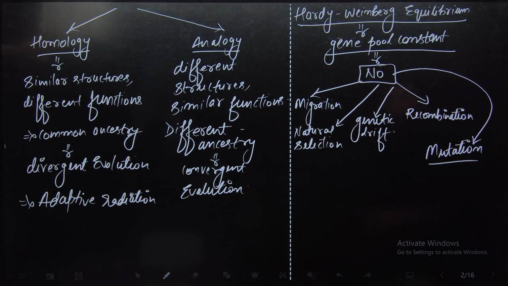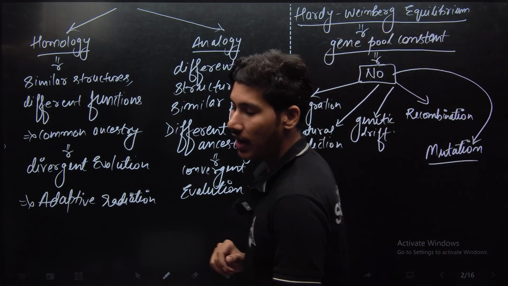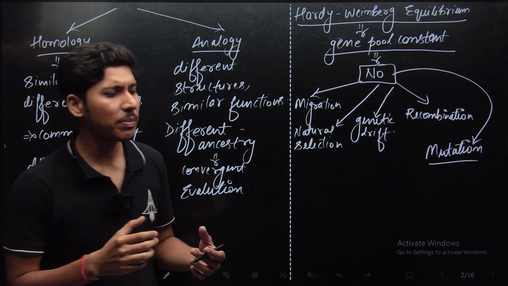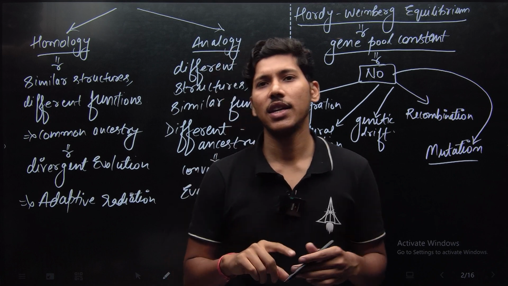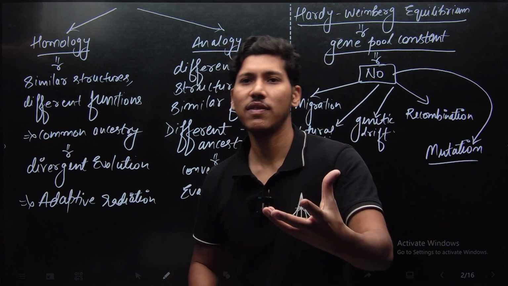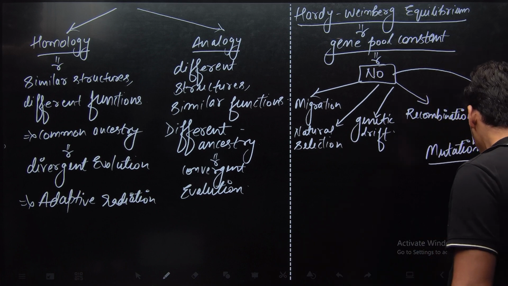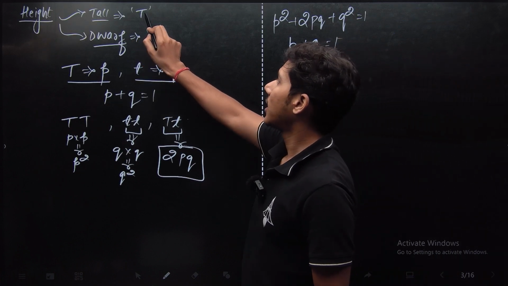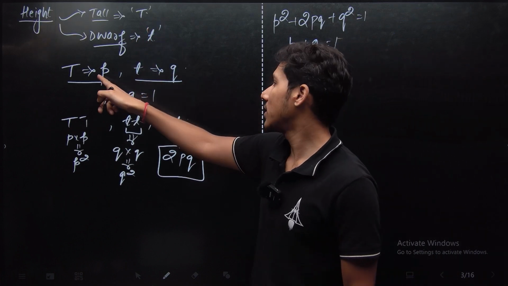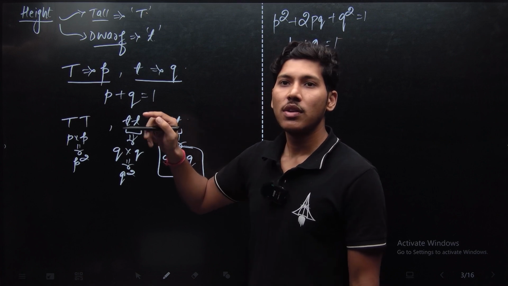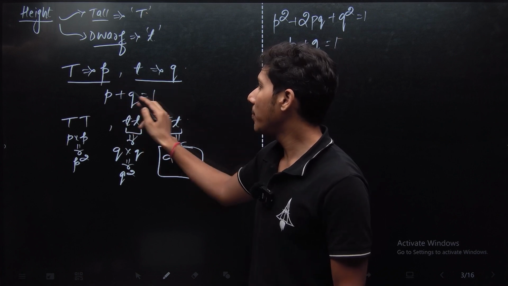Okay. Now, the Hardy-Weinberg principle. What is it? The Hardy-Weinberg principle says that if a population is not evolving, then the allele frequencies, capital T, small t, allele frequencies p and q, their sum will be equal to 1.